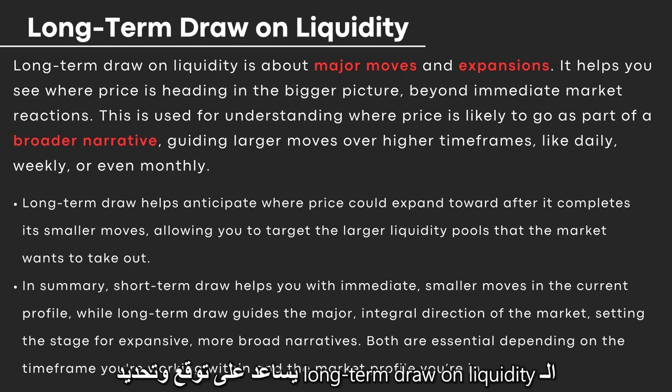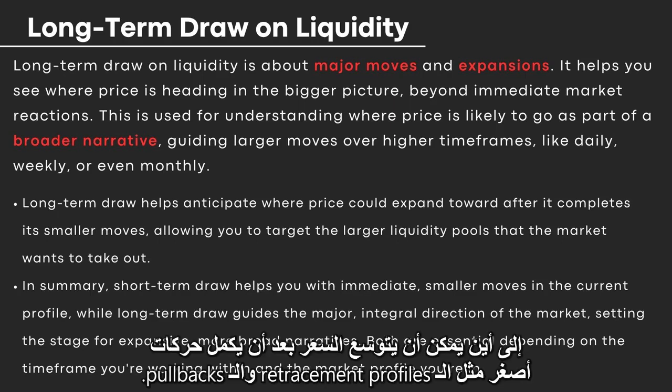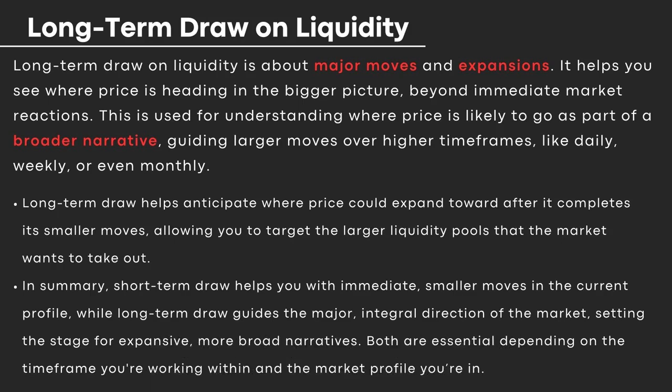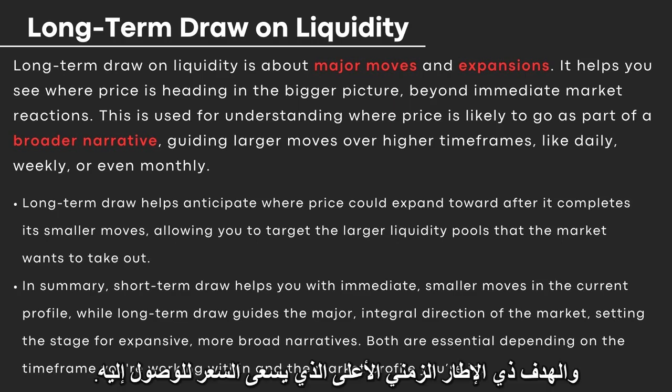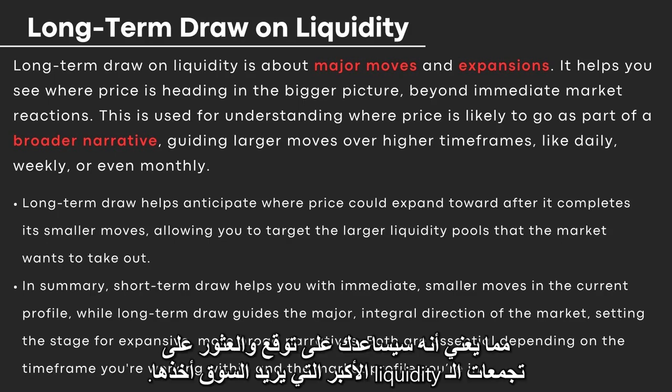Long-term drawn liquidity helps anticipate and determine where price could expand towards after it completes its smaller movements like retracement profiles and pullbacks, right? Which integrally allows you to target the larger liquidity pools and the higher time frame objective that price is reaching for, meaning it'll help you anticipate and find the larger liquidity pools that the market wants to take out.